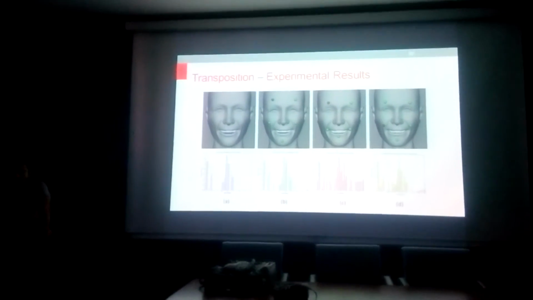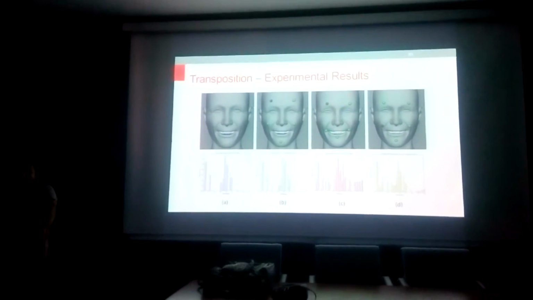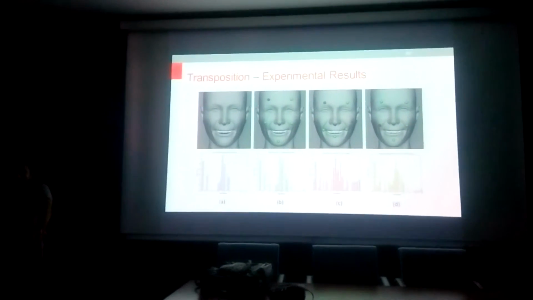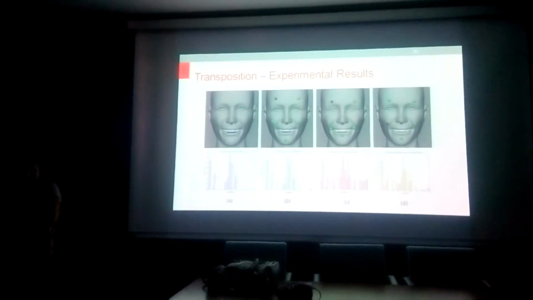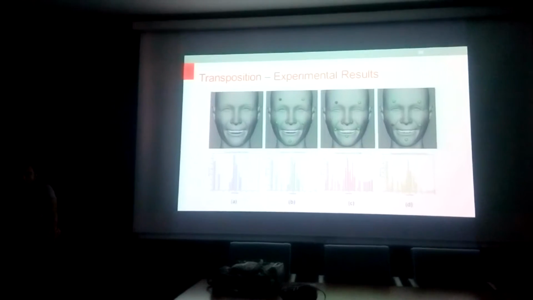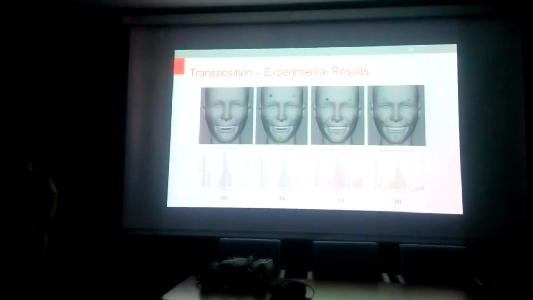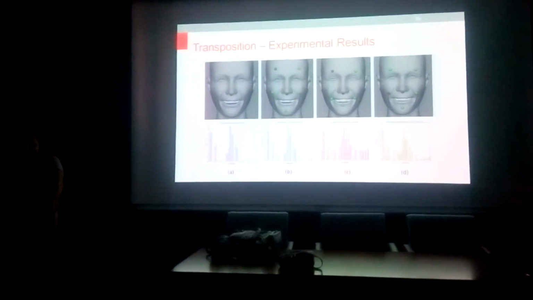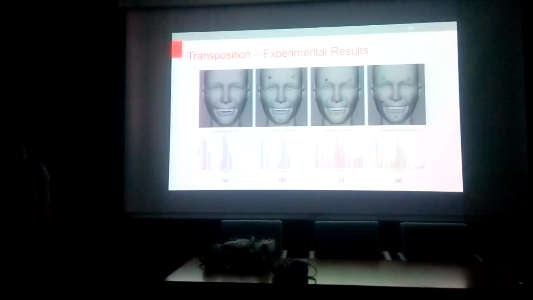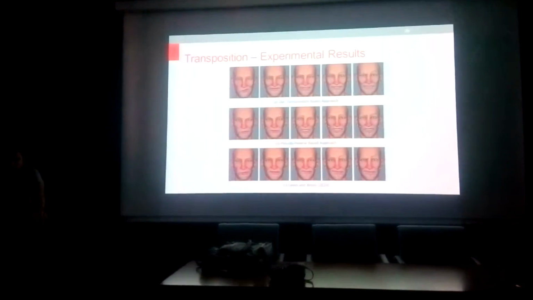To test our new method, we created a test pose with the weight values shown in A, and tried to get the same pose with our transposition method in B, the classic pseudo-inverse method in C, and Lewis and Anjyo's method in D. It is clear that we could get the closest result to the actual values only with our transposition method, with negligible error values. D gives better results than C, but C completely fails.